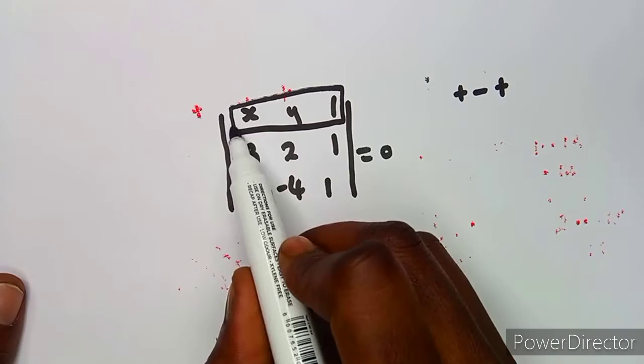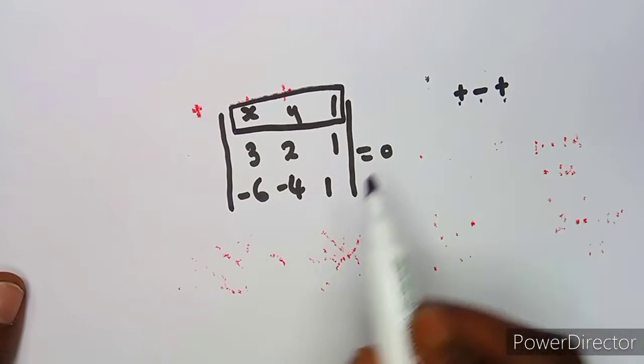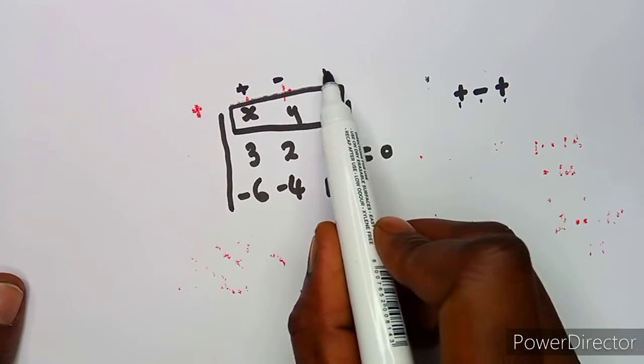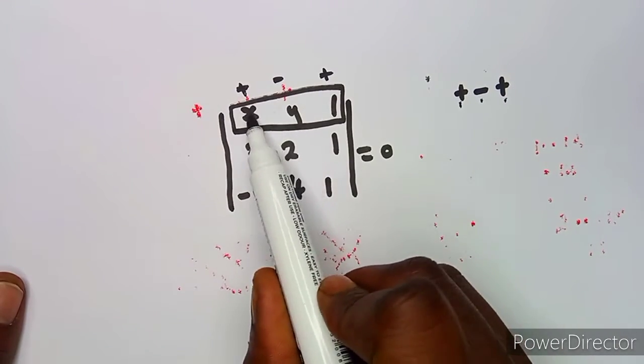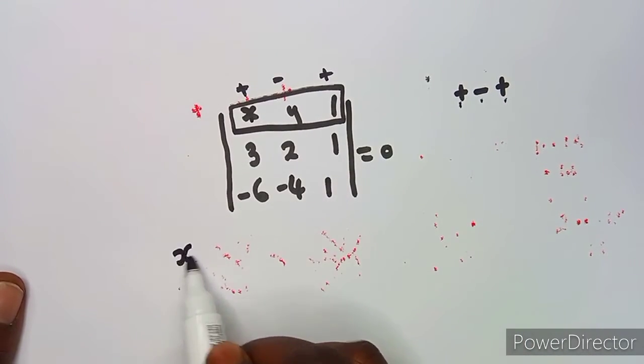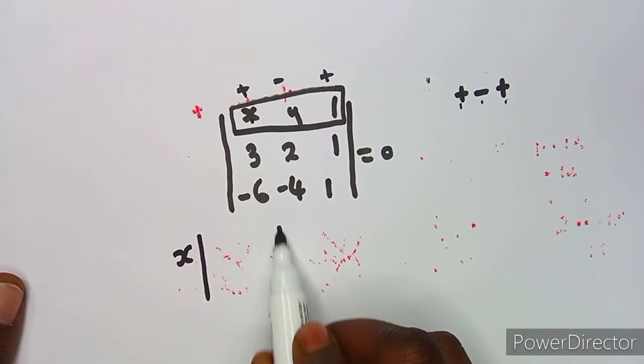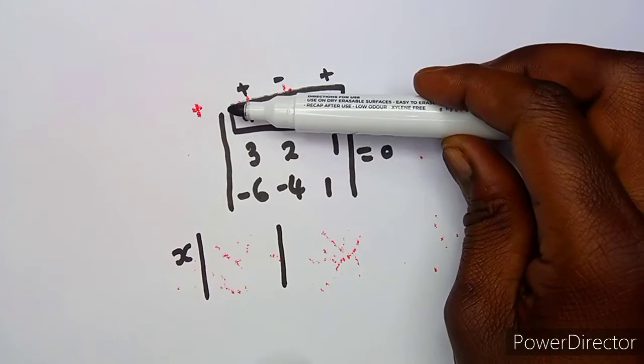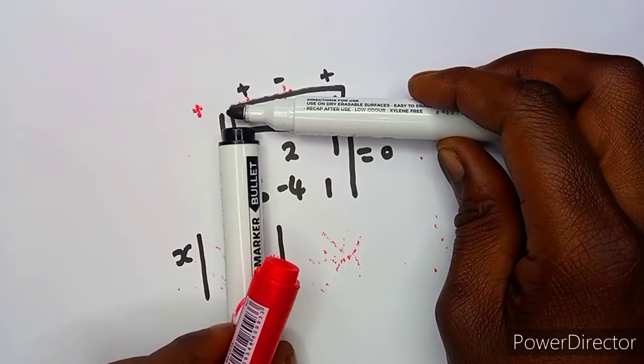That is why I have taken this sign, plus, minus, and plus. So it's plus x, which means it's just going to be x like this. You find the determinant when you close the row and column where there is x.